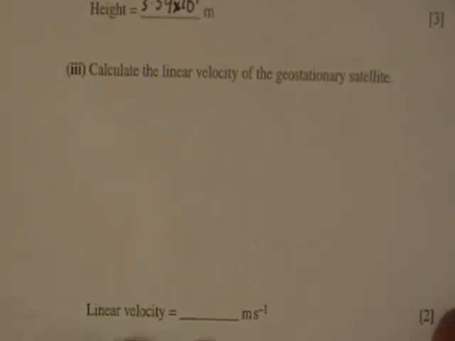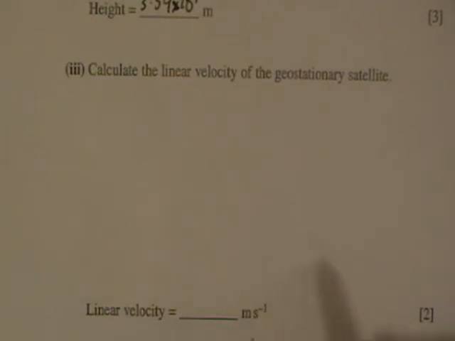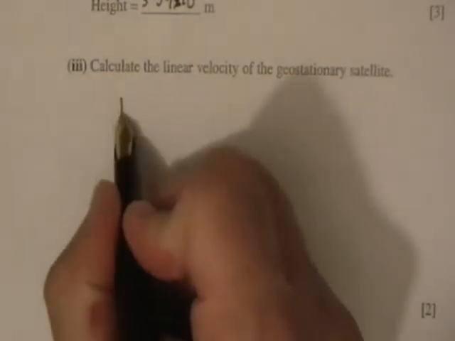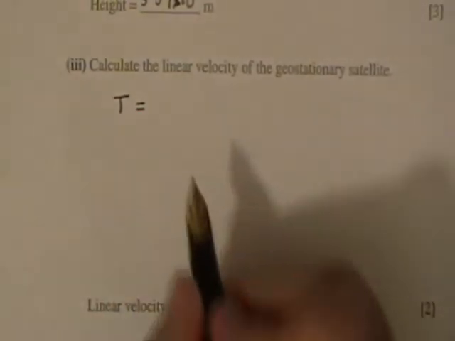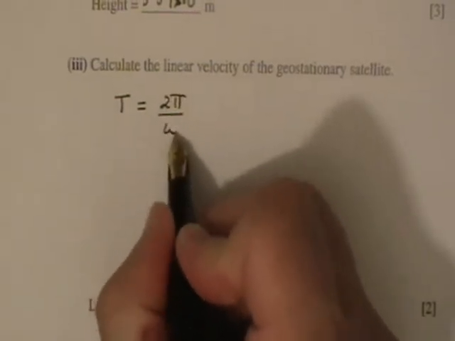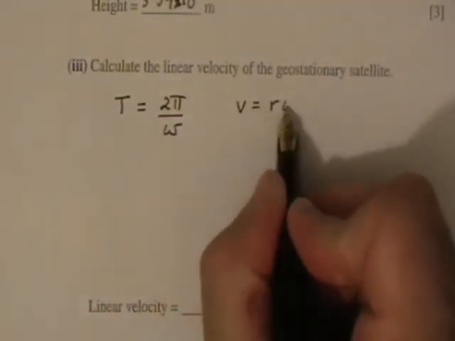Calculate the linear velocity of the geostationary satellite. Well, we're going to use T is equal to 2 pi over omega and v equals r omega.